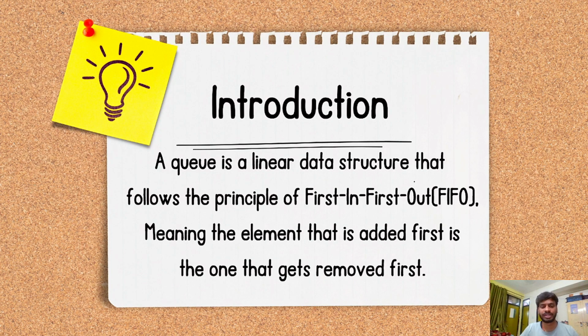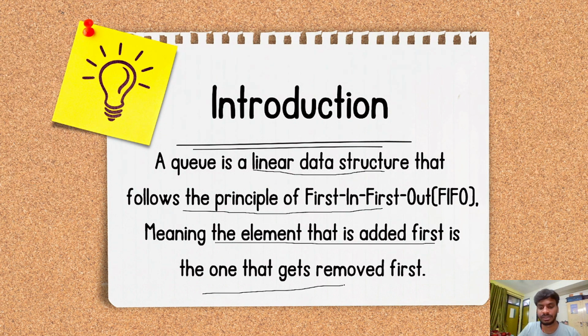So basically, the introduction: a queue is a linear data structure that follows the principle of FIFO, first in first out, meaning the element that is added first is the one that gets removed first. Like we have the elements in a queue: 1, 2, 3, 4 and 5.